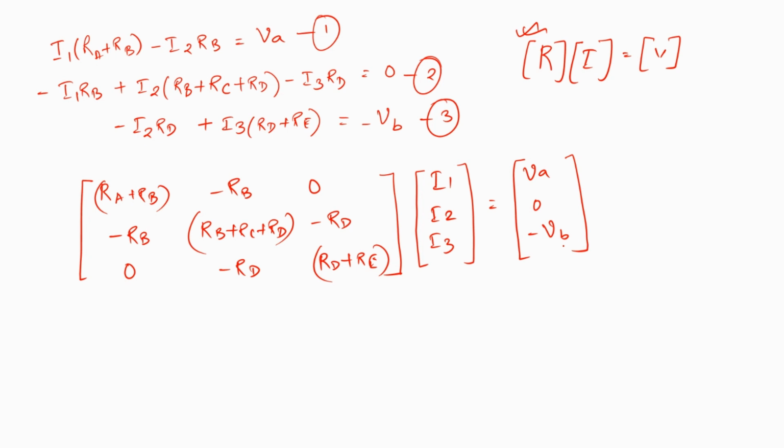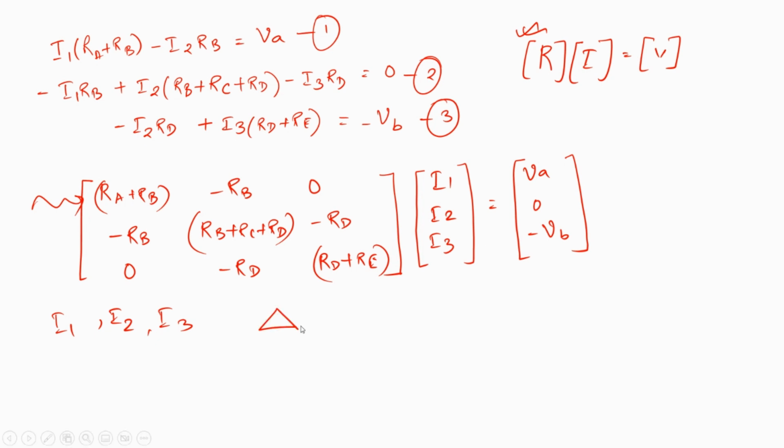After we frame the matrix equation and find the resistance matrix, the current matrix and the voltage matrix, we can solve and compute the values of I1, I2 and I3.